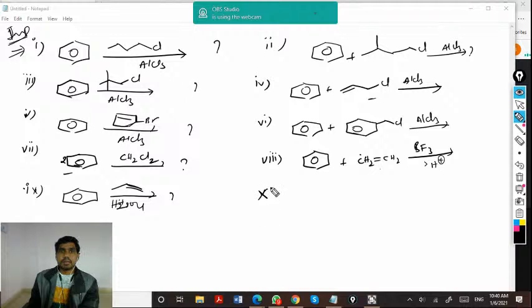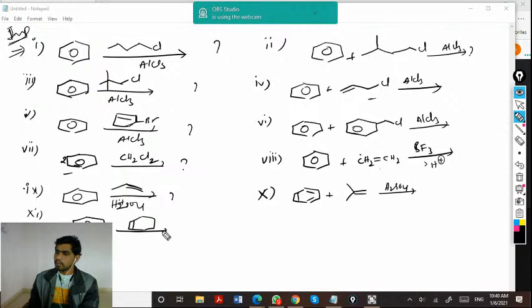Acids generally release H plus, which will convert the molecules into carbocations.